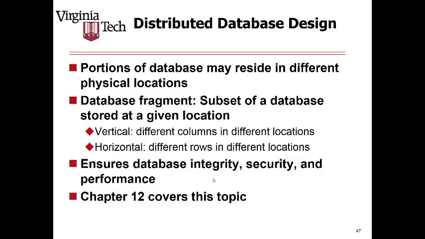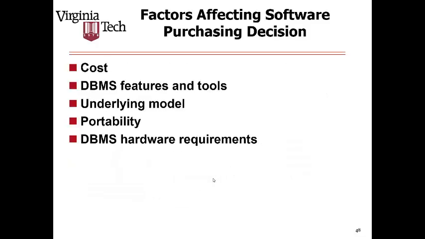Maybe marketing needs the customer address, but engineering just really doesn't care. They just need the phone number of the contact. This is a really interesting topic, I think, and I think we have it on our agenda for Chapter 12.